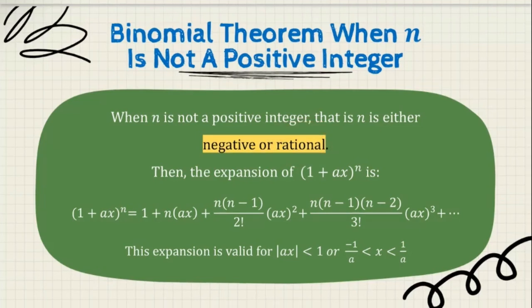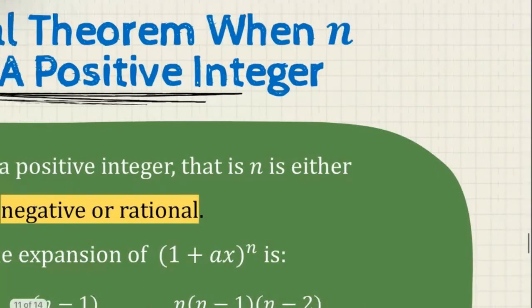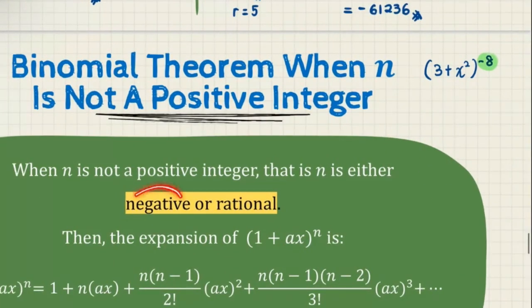Okay. So apa contoh-contoh yang kita akan gunakan this expansion? So contohnya adalah seperti ini. So let's say kalau kita ada (3 tambah x square) kuasa negatif 8. So boleh nampak dekat sini power dia negatif 8. Negatif 8 adalah a negative integer.